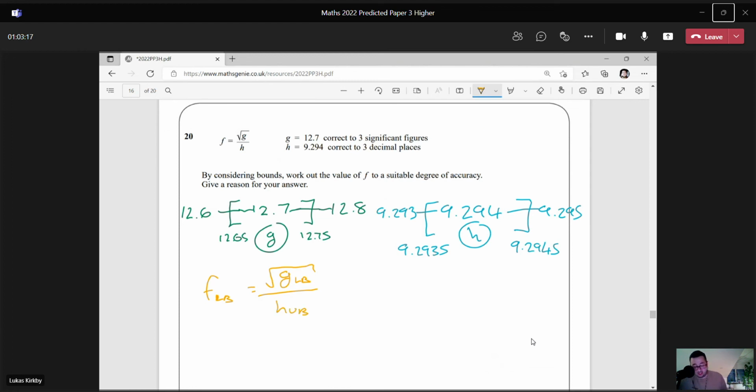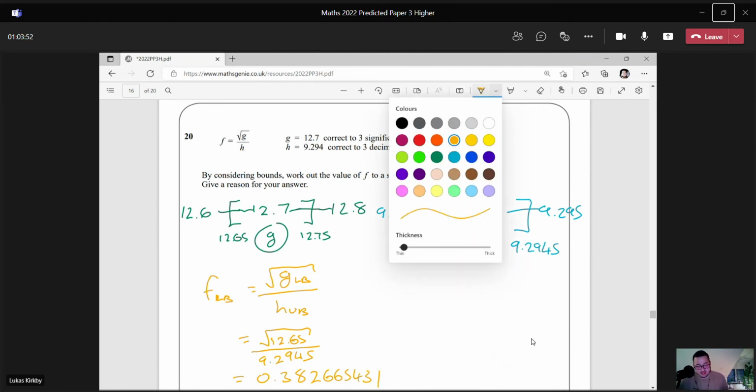We want H to be bigger. So this is going to be the square root of, well, the lower bound of G was 12.65, divided by H upper bound, and the upper bound of H was 9.2945. And that's going to give me, so square root of 12.65 divided by 9.2945, and we end up with 0.382665431.